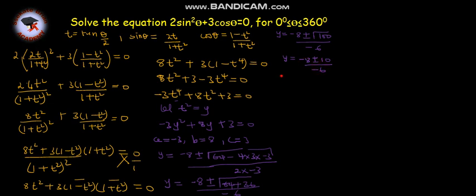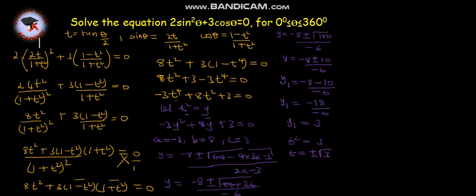Now we can say y1 is equal to negative 8, we pick a negative, then we divide by negative 6. So y1 is equal to negative 18 divided by negative 6. Therefore y1 will be equal to 3. Don't forget that we said that y is equal to t squared. Therefore t squared is equal to 3, and t will be equal to plus or minus root 3.